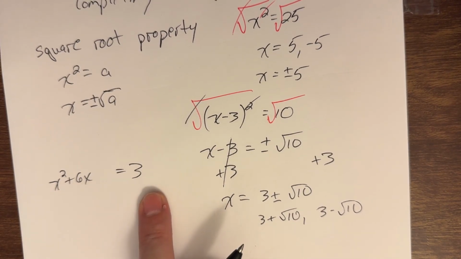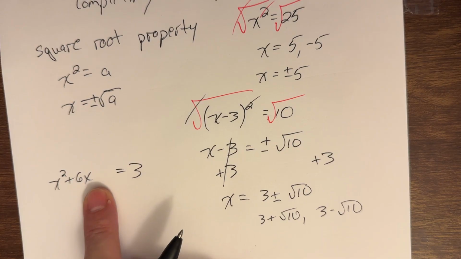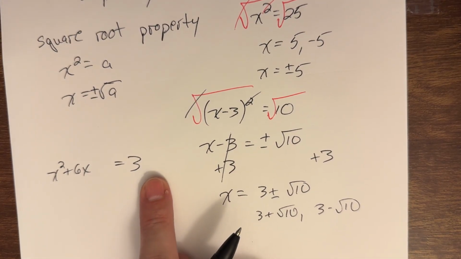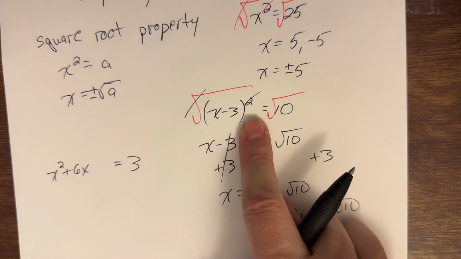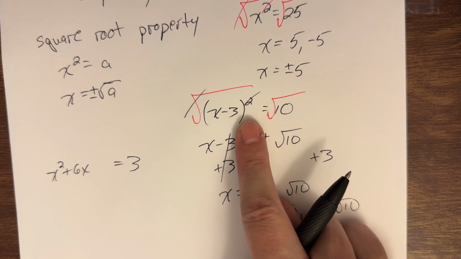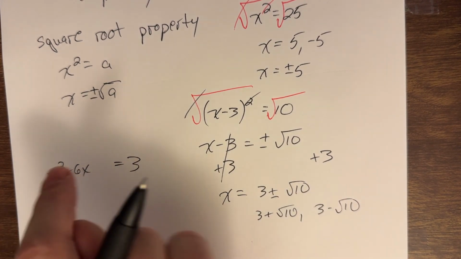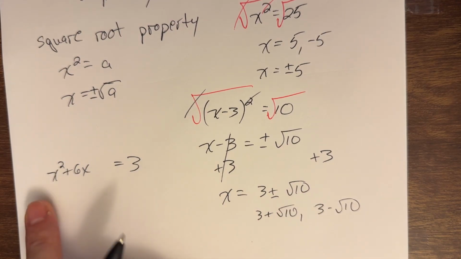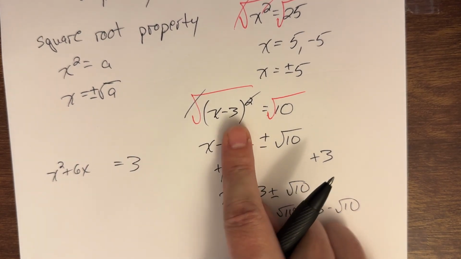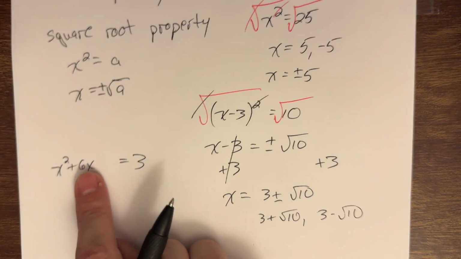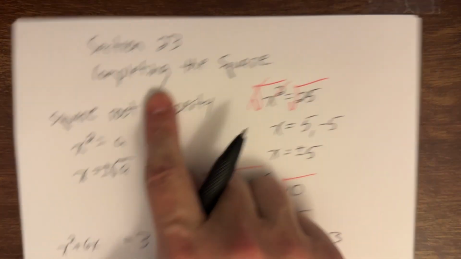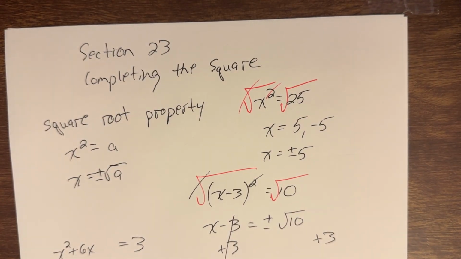If I just take my normal instincts, I do the minus 3 on both sides, set it equal to 0, but I can try something like this, but in order to do this, I need to bring these together. I can't have an x squared and a separate x. I need to be able to put this together in some form as some perfect factor squared. That's what completing the square is about.